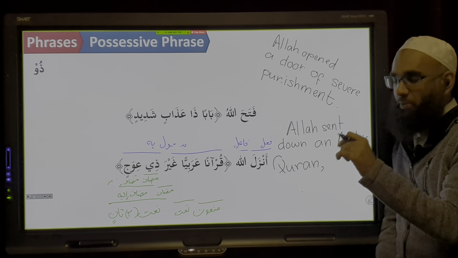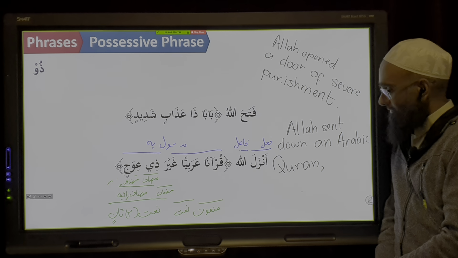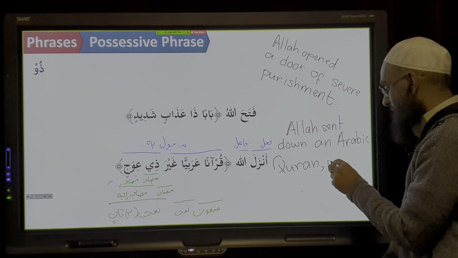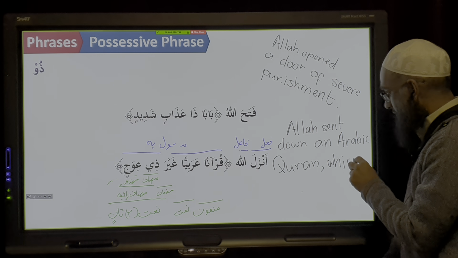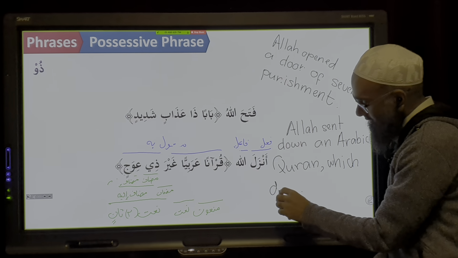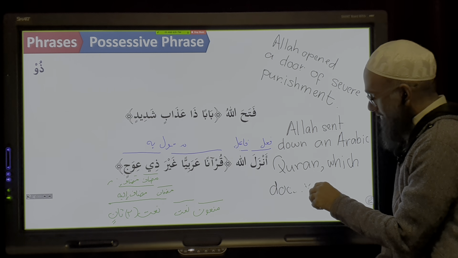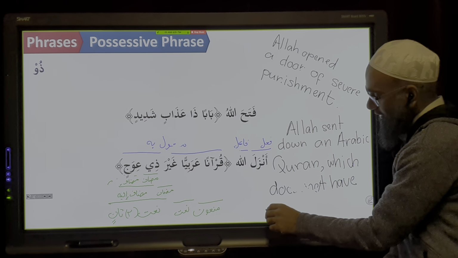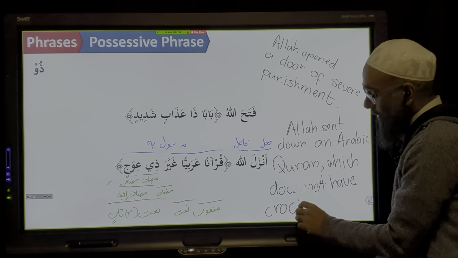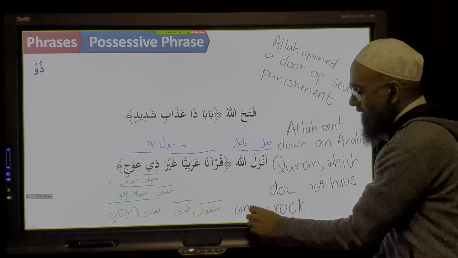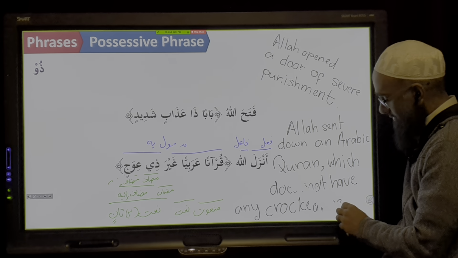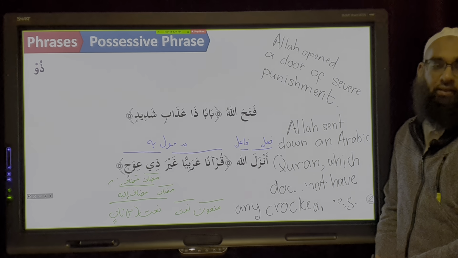And ghayra the iwajin. So I would say here, Allah sent down an Arabic Quran which does not have crookedness. Or you can say any, because nakira, which does not have any crookedness. Understood?